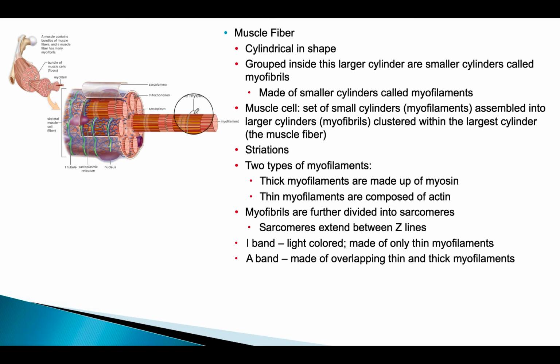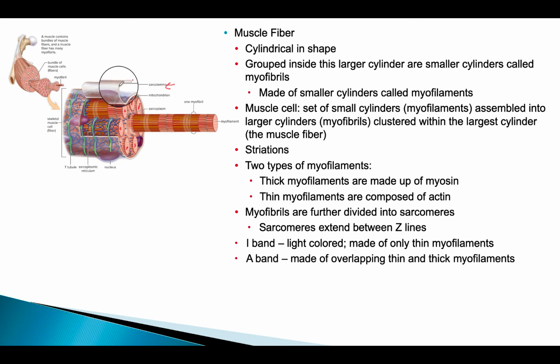So this right over here, this is a single myofibril. So myofibril here, myofibril right here, and then right here, and of course this one right over here. So your myofibril, okay? So multiple myofibrils right over here are going to be surrounded by your sarcolemma.